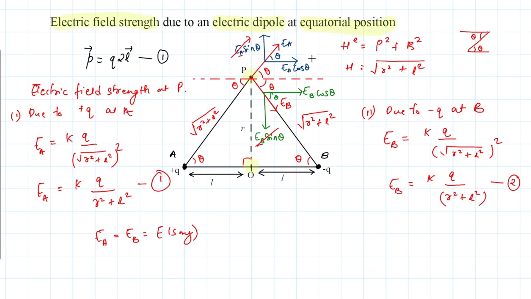Only EA cos theta and EB cos theta remain, and they both are in the same direction. Therefore, to find the net electric field strength at P, we simply need to add these two components, because they are in the same direction.